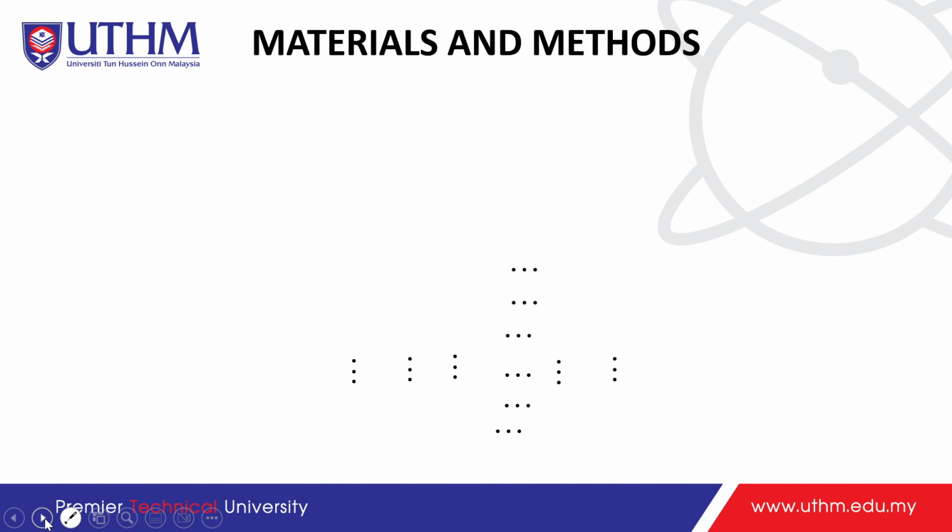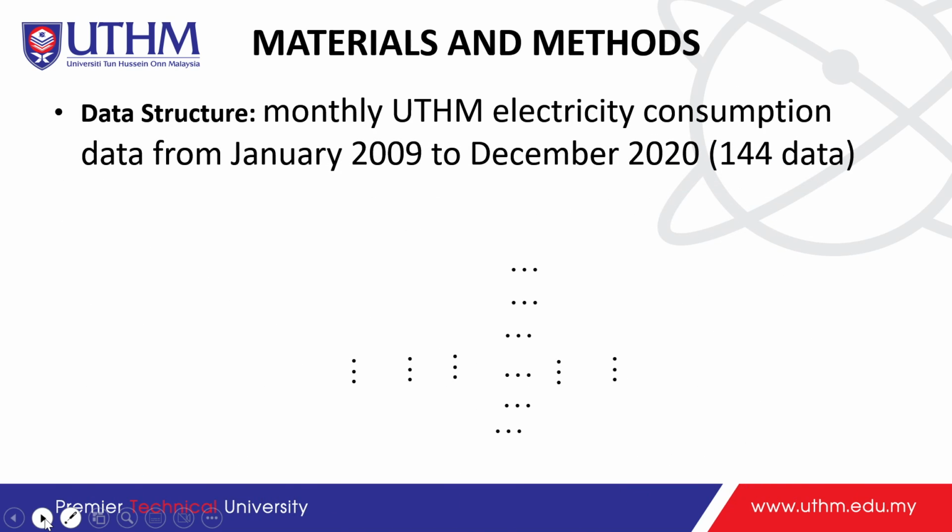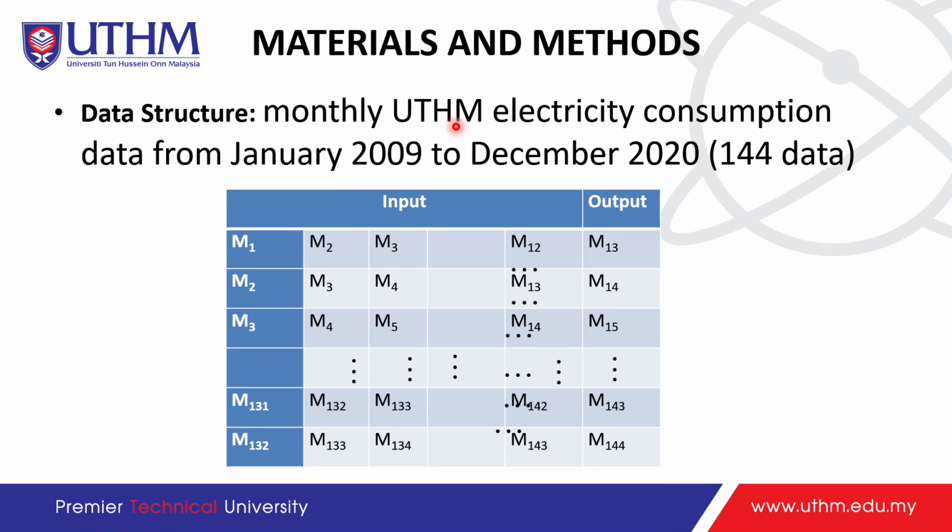Our data structure is the monthly UTHM electricity consumption data from January 2009 to December 2020, a total of 144 data.